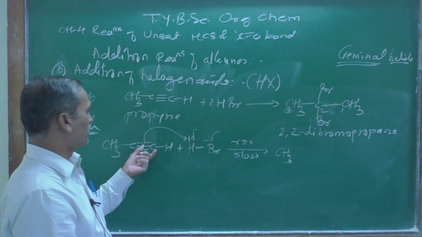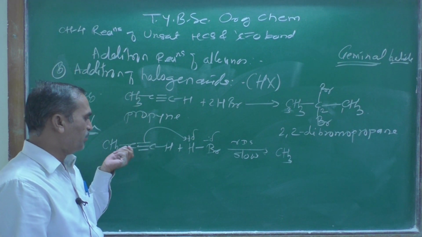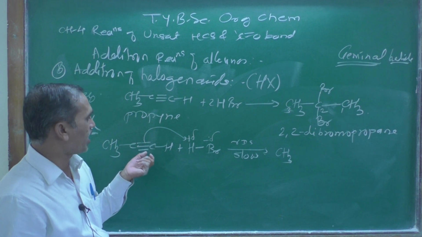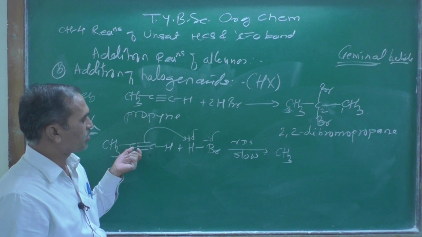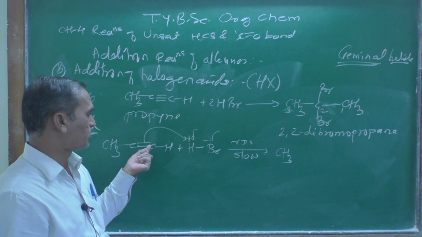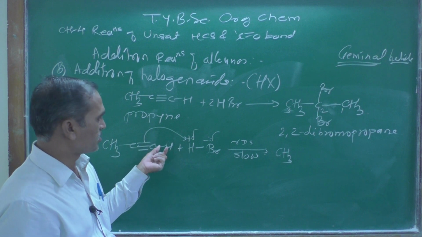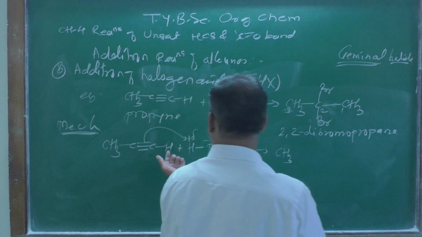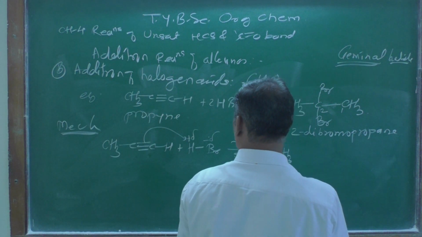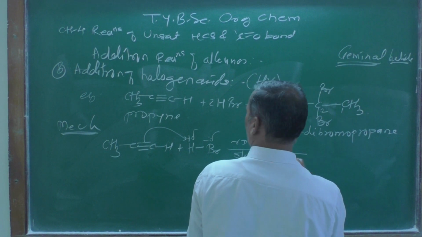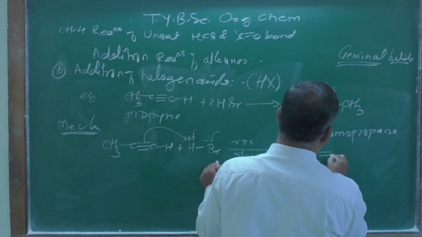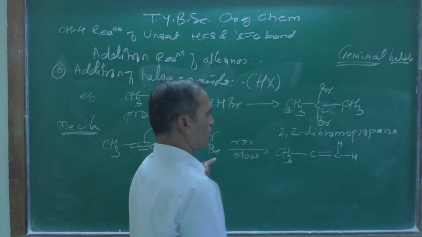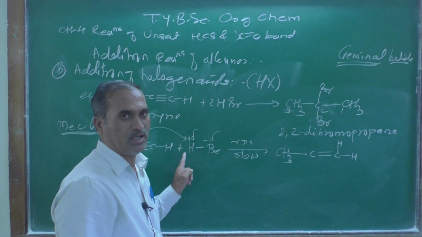If you compare these two carbon atoms, the middle carbon atom does not contain hydrogen, but the terminal carbon atom contains one hydrogen atom, and therefore we are going to get here CH3, C double bond, CH, with one hydrogen atom here and another hydrogen atom which is coming from the acid.